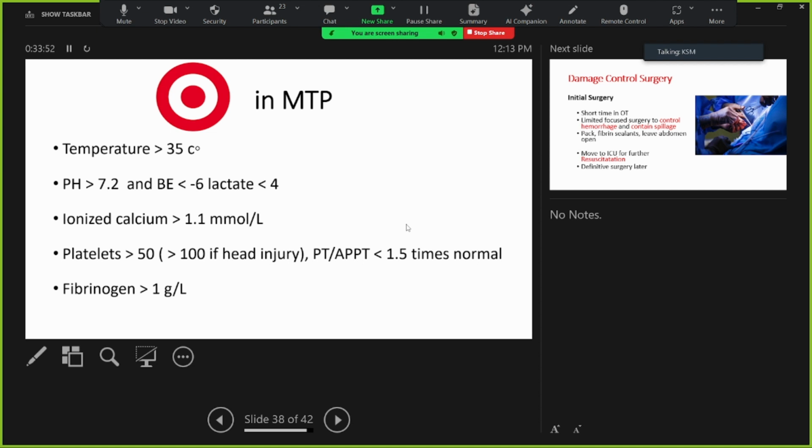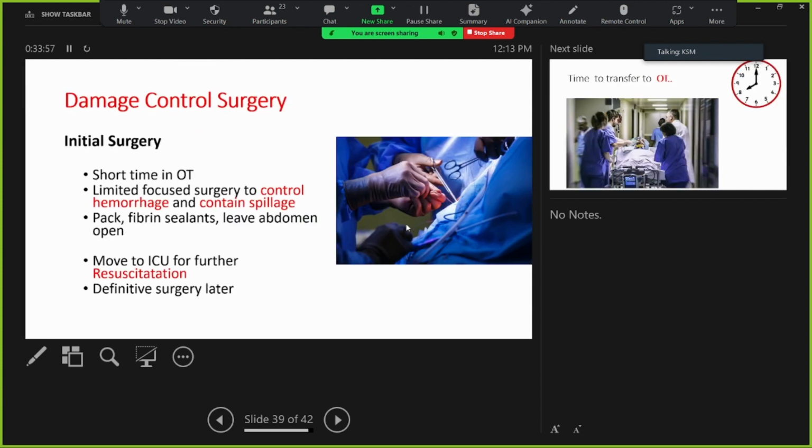Now the patient should go to the theater for damage control surgery. Because the reserves of these patients are very low, it should be a very short surgery. I think the maximum time will be about 90 minutes. You should focus on controlling the hemorrhage, containing spillage, and maintaining the blood pressure.